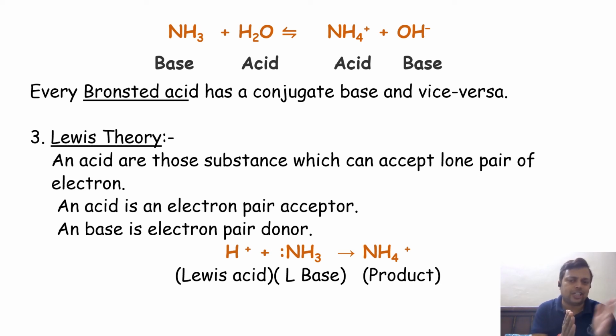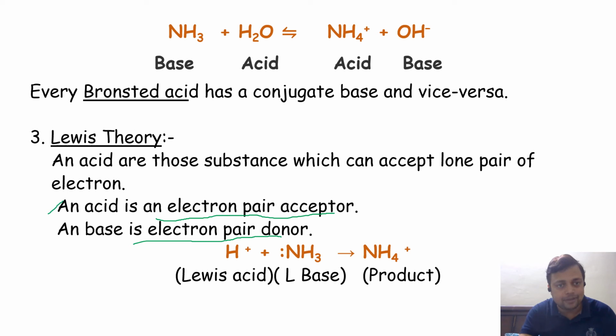Bronsted and Lowry and the other theories are based on proton movement, but the Lewis theory is related to the electron. Acids are electron pair acceptors and bases are electron pair donors.